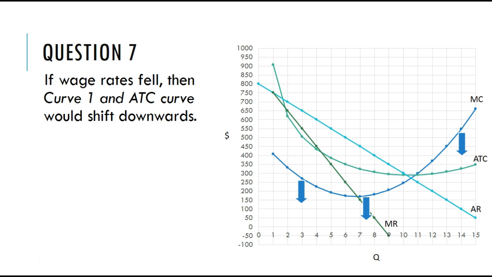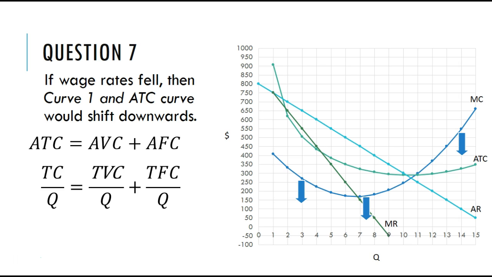Alright, what about the average total cost curve? Well, we know average total cost is made up of average variable cost plus average fixed cost. And we can rewrite that, it's the same thing, it's just how you calculate the averages, in this way. The total cost over the total quantity gives you the average total cost. Total variable cost over quantity plus total fixed cost over quantity gives you average variable cost and average fixed cost.